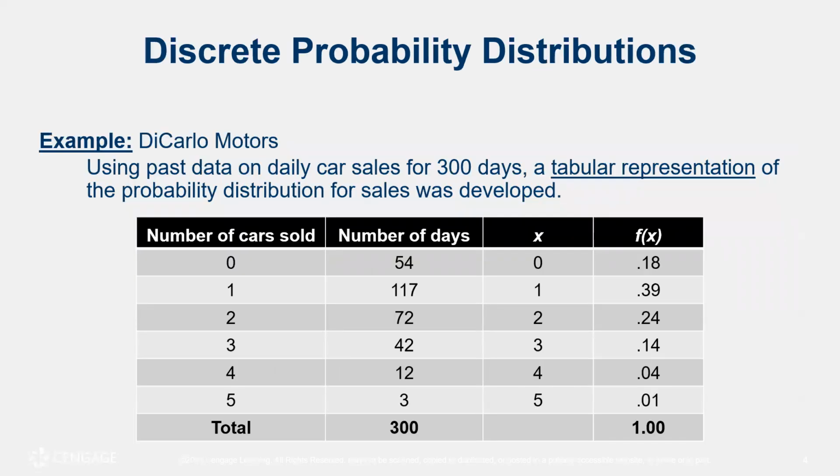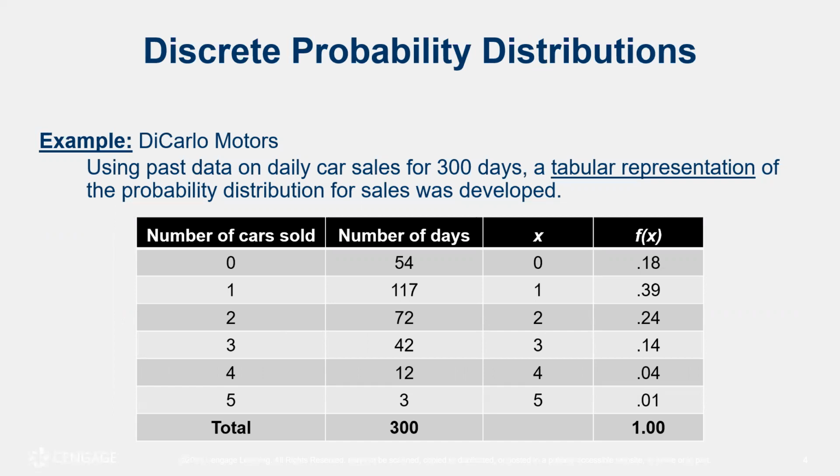All right, so a discrete probability distribution, like I said, has these numbers, but they're only whole numbers. This one is using past data on daily car sales for 300 days. DeCarlo Motors puts together this sort of tabular summary. If you think about it, all this is a frequency distribution, right?